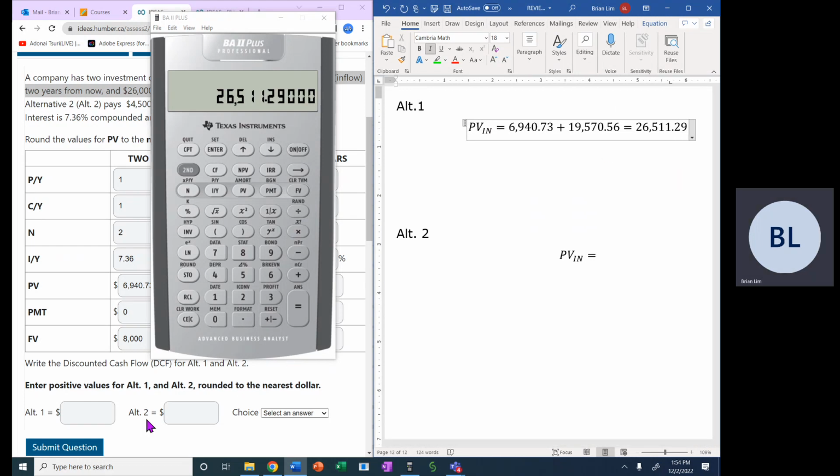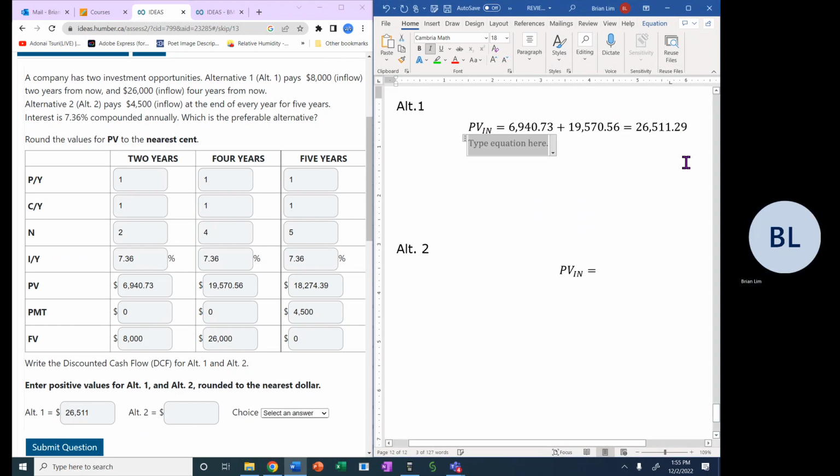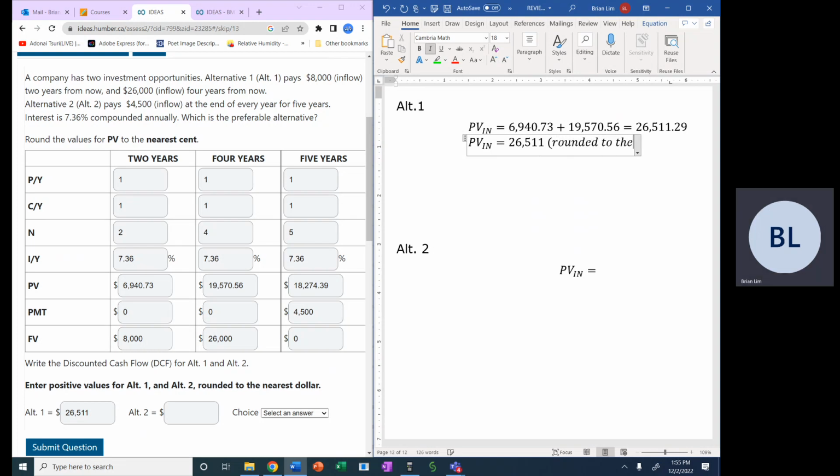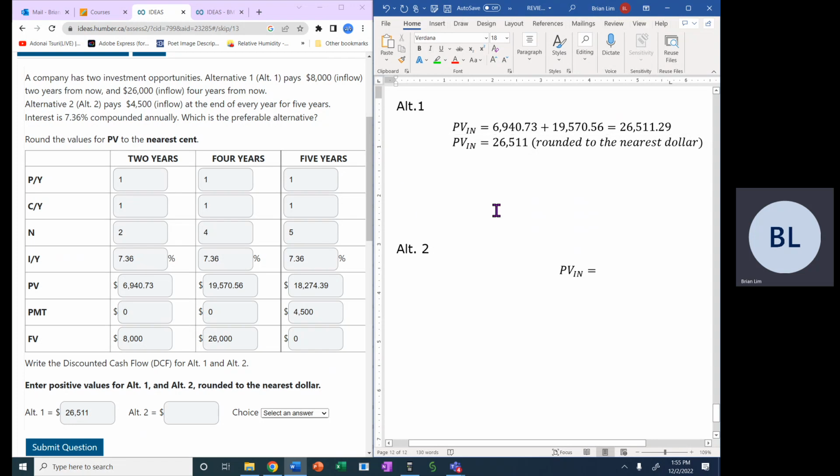Okay, so that's the present value for alternative 1. So we can put that number in here, 26,511, if we're rounding to the nearest dollar. So let's do that. We will put PV in, and we round to the nearest dollar. It'll be 26,511. And if you wish, you can put that in, rounded to the nearest dollar. All right, so that is for alternative 1.